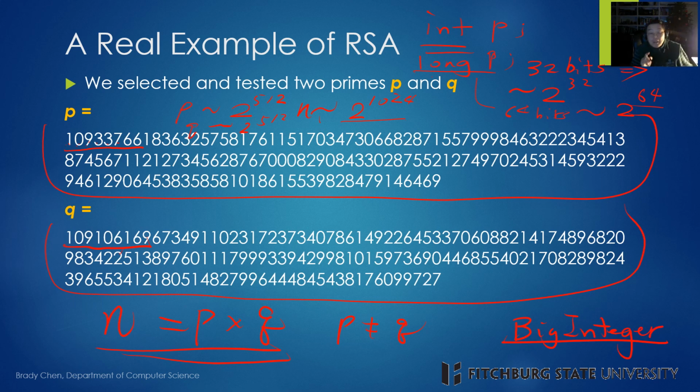If you're interested in BigInteger, I will create another video and talk about the Java code to perform this operation. In BigInteger, you can perform the multiplication by calling a method. It's a class. Okay, so BigInteger is a Java class.